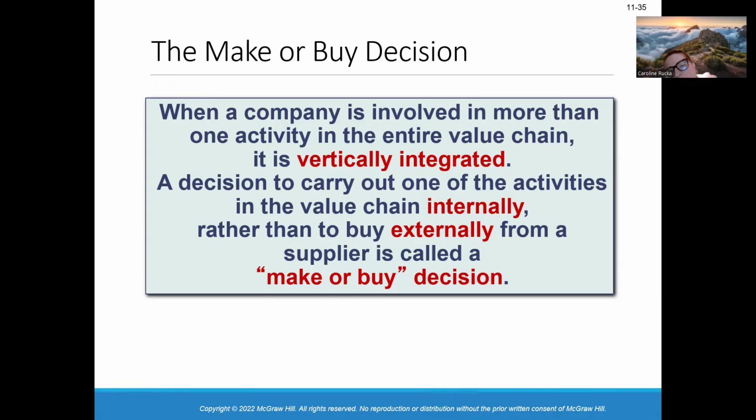So if we're a retail store selling widgets, do we buy the widgets from an outside supplier or do we make them in-house ourselves? That's called a make or buy decision.